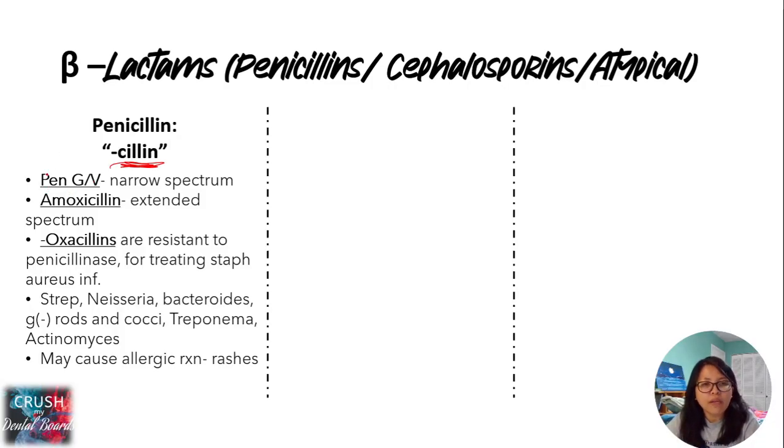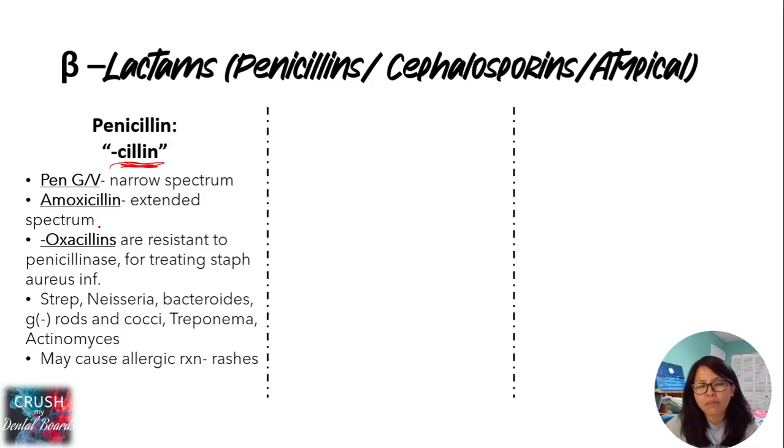Pen G and pen V have a narrow spectrum, meaning they only affect a small type of bacteria. Amoxicillin has an extended spectrum, meaning its range of action is greater than pen G or pen V. Amoxicillin is a drug that we commonly prescribe to patients.